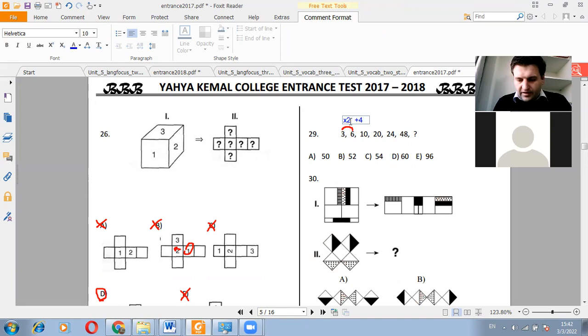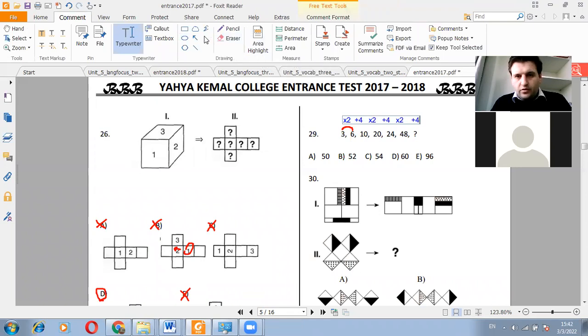Then again we have times 2 and plus 4. Then another times 2. So after 48, according to the sequence, there should be plus 4. 48 plus 4 equals 52, which is choice B.